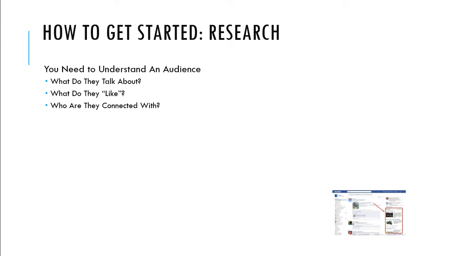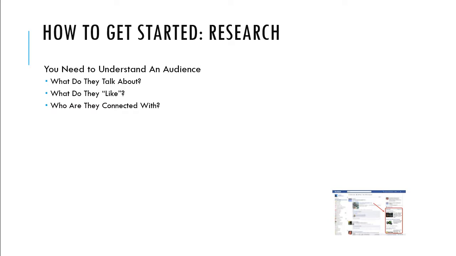Now, in order to do a proper amount of research before you start running campaigns on the Facebook ad network, you're going to want to get used to, and we talked about this in the first video, understanding your audience.